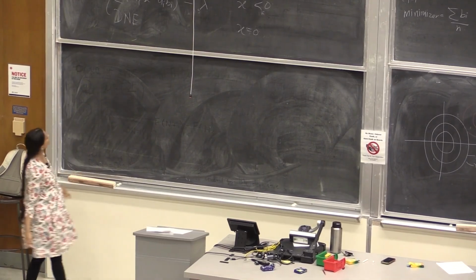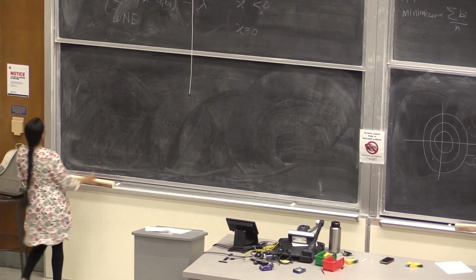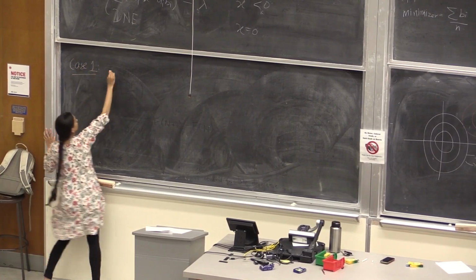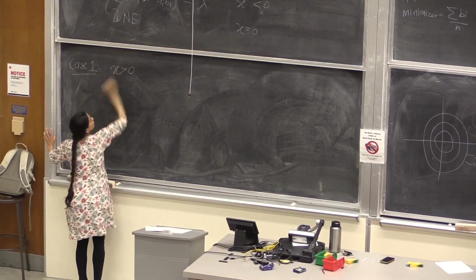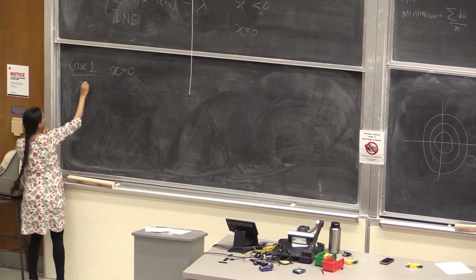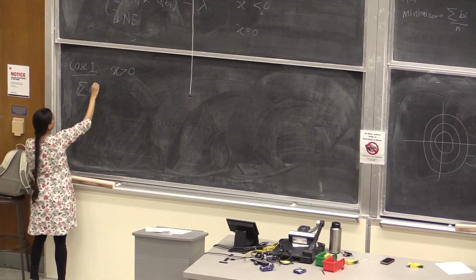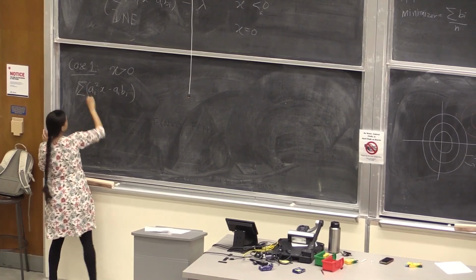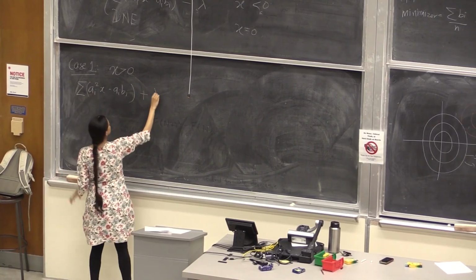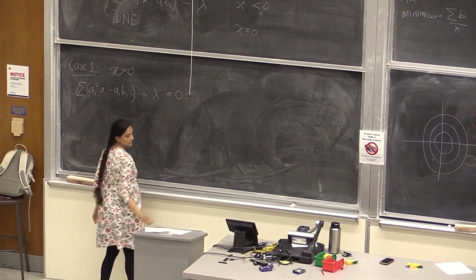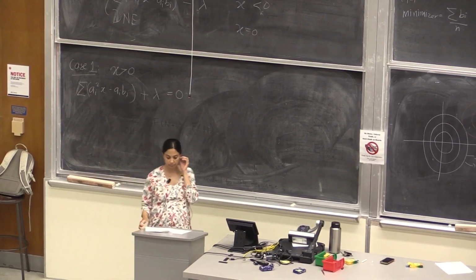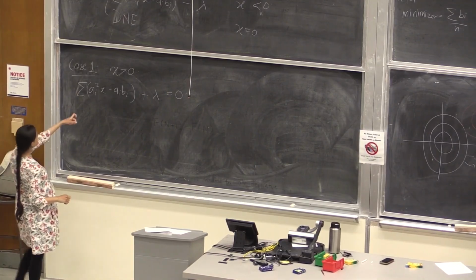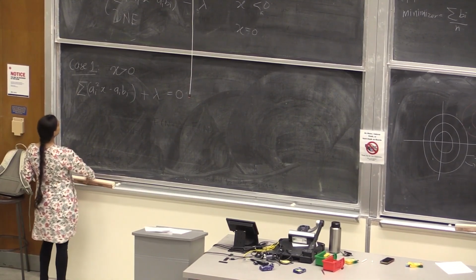If I set this derivative equal to 0, case 1, I have x is greater than 0. Then I have this, right? This is what I get. Now my unknown is basically x.